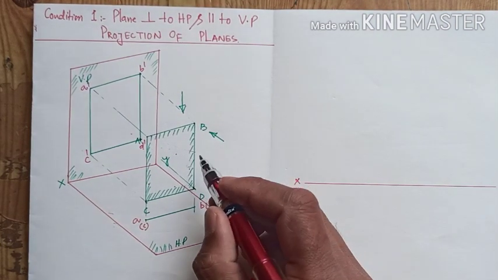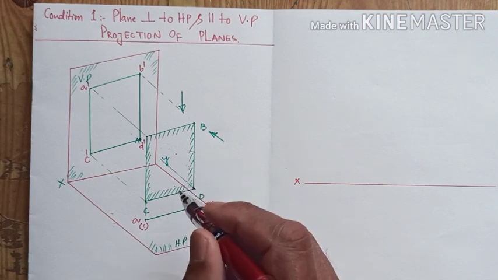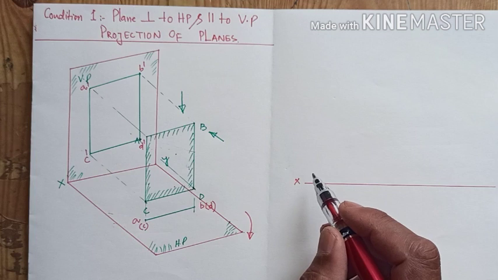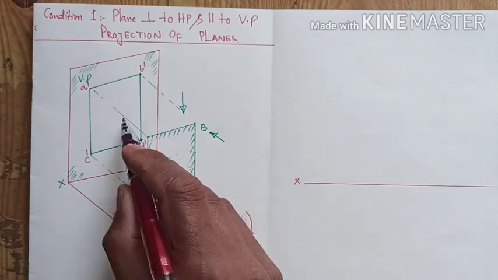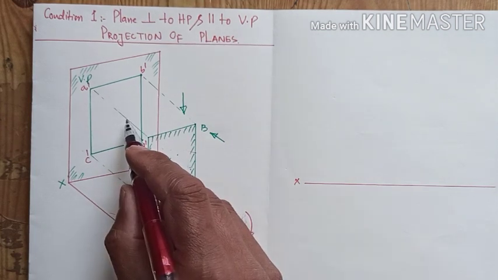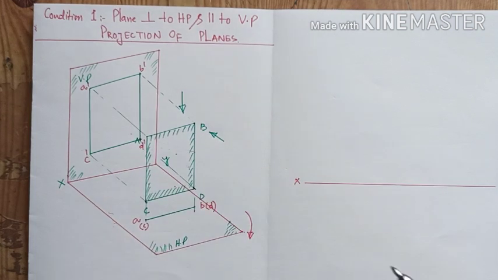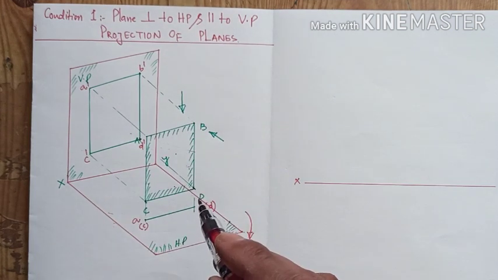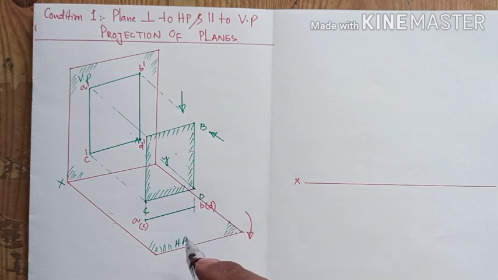So what do we need to draw first? Do we have to draw the top view or the front view first? Remember students, from the front, the rectangle is seen as a true shape. Whatever shape is true needs to be drawn first, and from the true shape we will draw the top view.